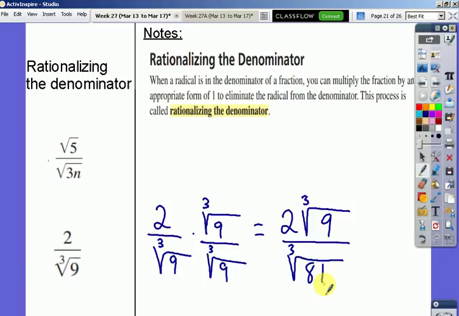Well, 3 times 3 is 9. 3 cubed is 27. We're looking for a perfect cube. Is 81 a perfect cube? So, take your calculator. 81, take your caret sign, and raise it to 1/3.